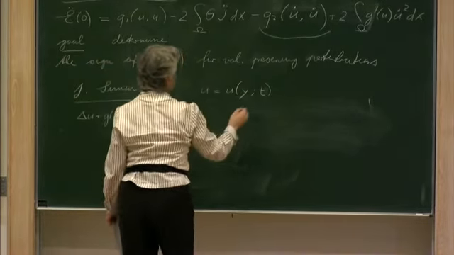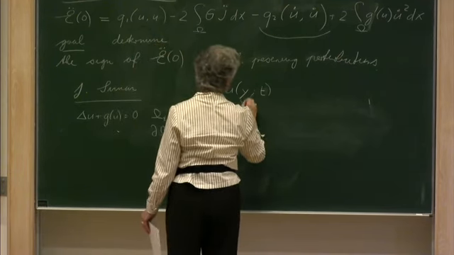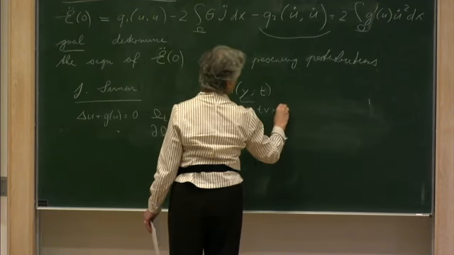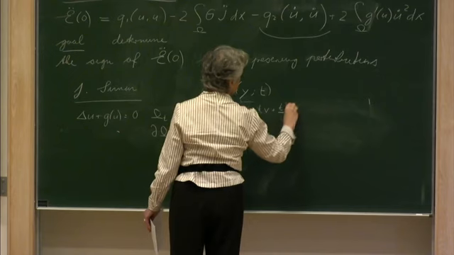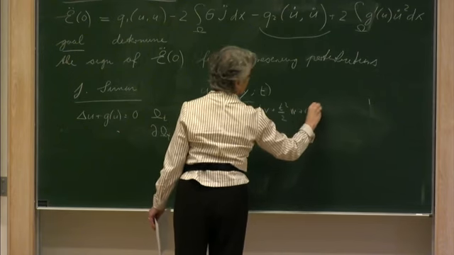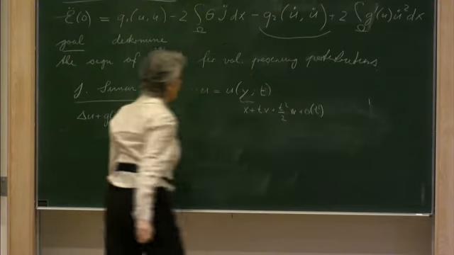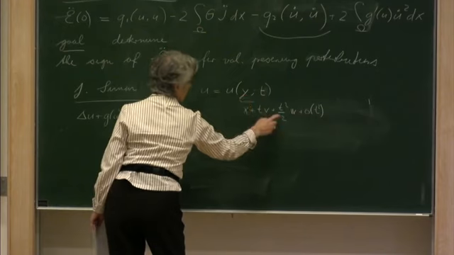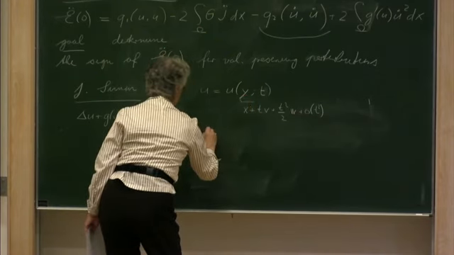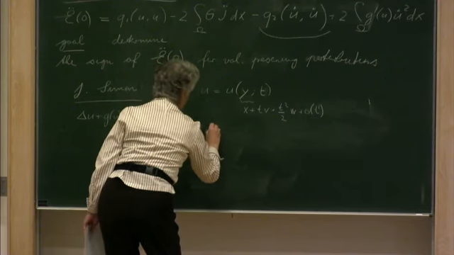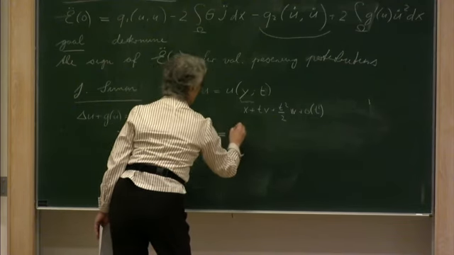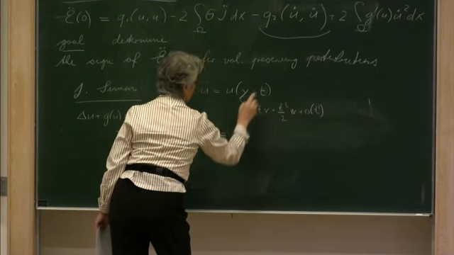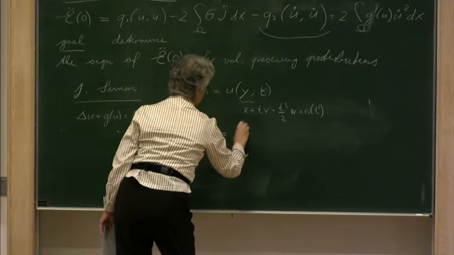So if we replace y by x plus t v plus, and so on, w plus, and we differentiate with respect to t, then we have u dot equals first the derivative with this one.